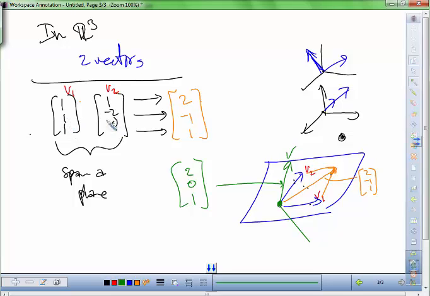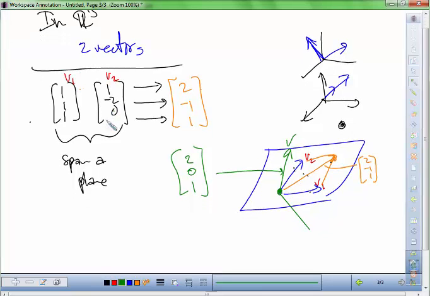If you were to pick a random point on the plane, then you can get to it with just these two vectors, and I won't need this third vector to get there. But any point not on the plane, you can reach, so any point anywhere in three-dimensional space.